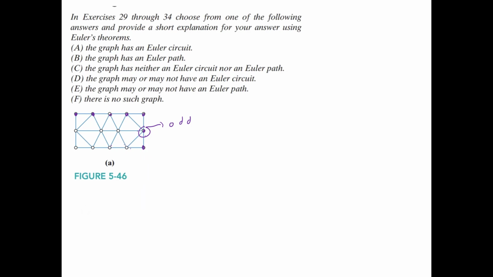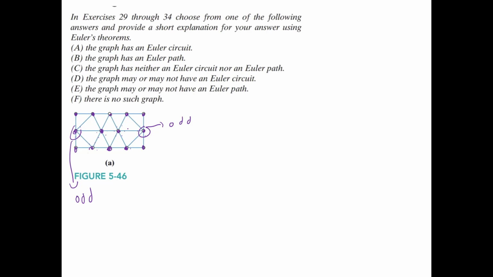We're good there. 1, 2, 3, 4. 1, 2, 3, 4. 1, 2. 1, 2, 3, 4, 5. Here's another odd. 1, 2, 3, 4, 5, 6. Even. 1, 2, 3, 4, 5, 6. Even. And that was all of them.